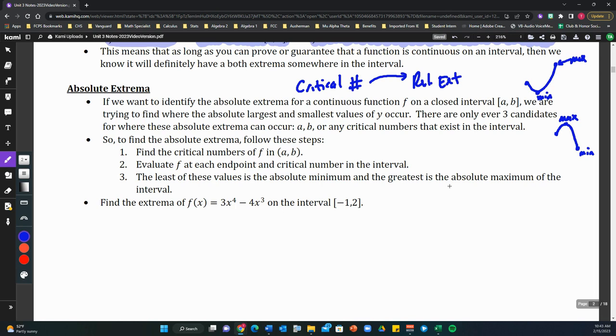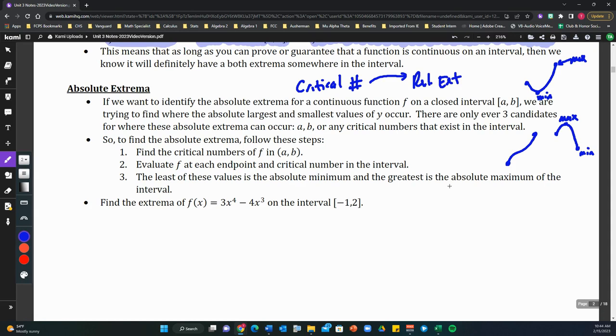Or it could just be that we don't have any turning points in between, and we just have an absolute min and max at both of our endpoints. But as long as the extreme value theorem applies and the function is continuous on a closed interval, we know for sure that there's a min or max in there. So it's really either going to be at the ends or at one of our turning points in the middle.